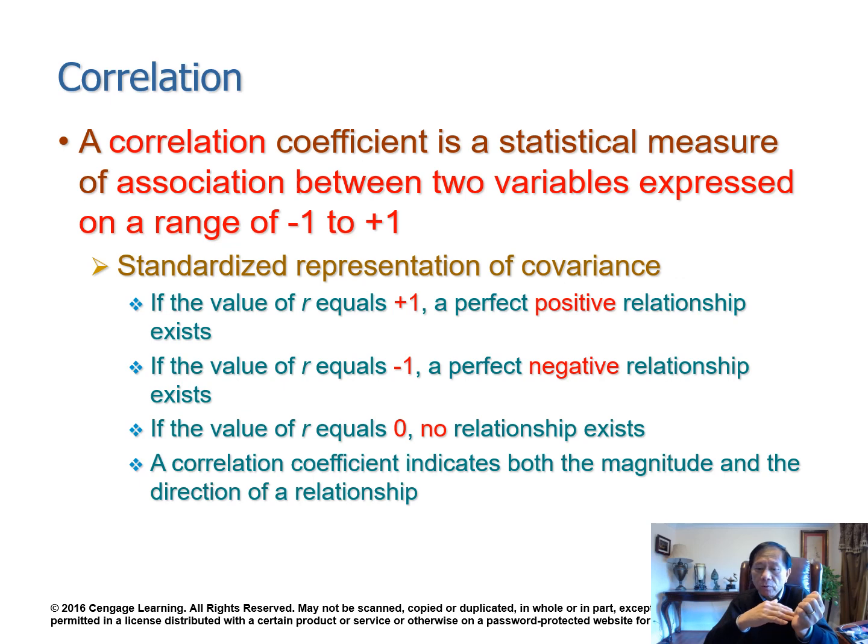And the direction, of course: if it is a positive number larger than 0, we say there is a positive relationship. If it approaches 1.0, it is a perfect positive. If r is a negative number, less than 0, we say there is a negative relationship. When it reaches minus 1.0, it's a perfect negative relationship.